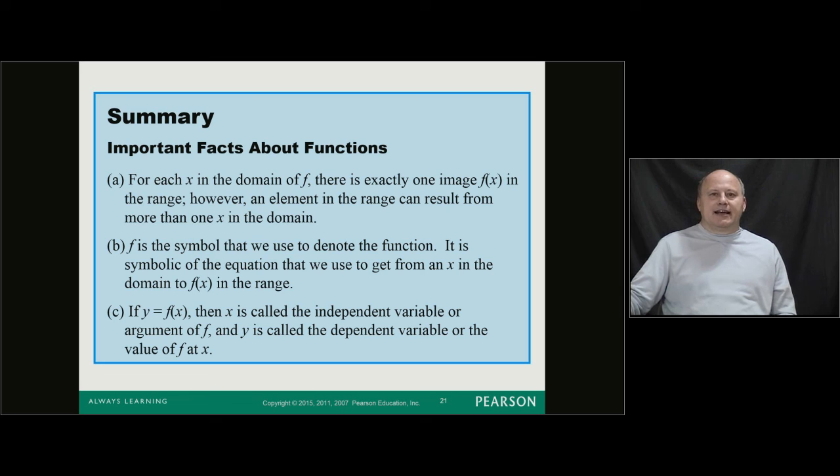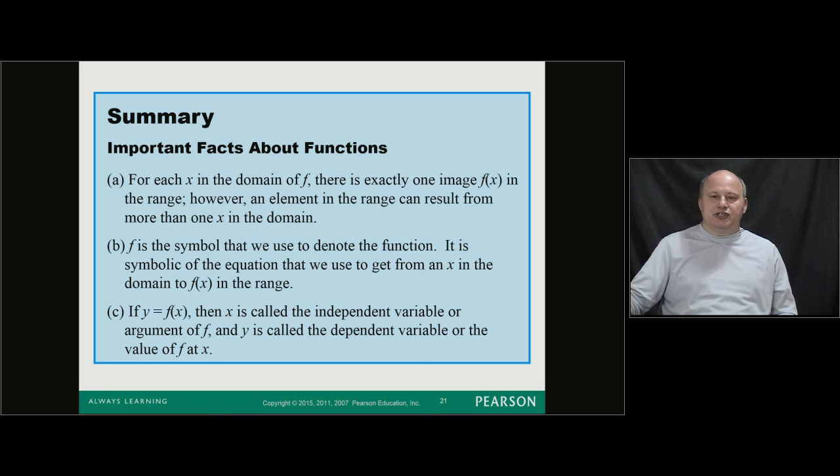All right, second one. f is the symbol that we use to denote function. It is symbolic of the equation that we use to get from an x in the domain of f of x to the range. So that's just a symbolic form, f of x. They use f of x quite often because the word function begins with the letter f.